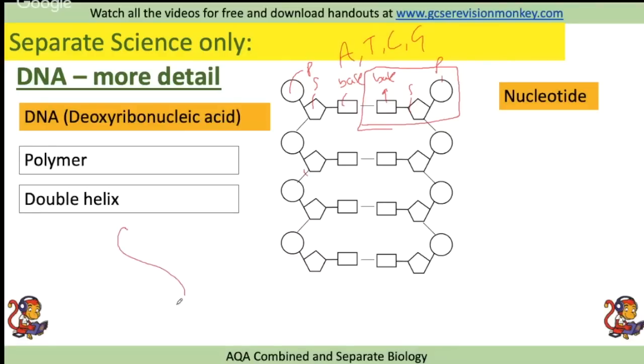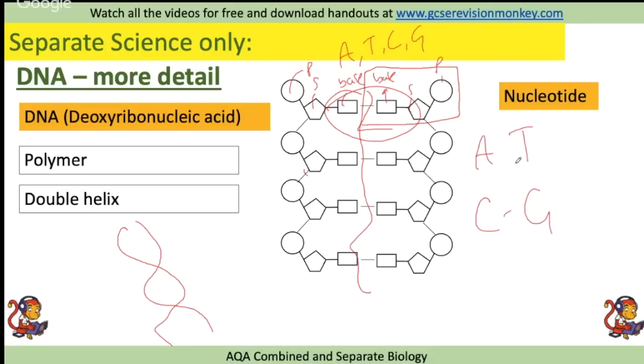So if we had our DNA as a helix like so, we've basically unzipped this and we're showing both strands here, one strand either side. These bases complement each other. So A is a complementary pair with T, and C and G are a complementary base pair. You can't have A and G together here, or T and C together here.